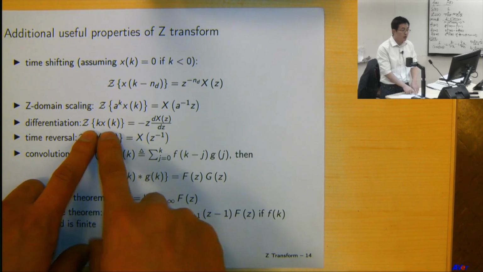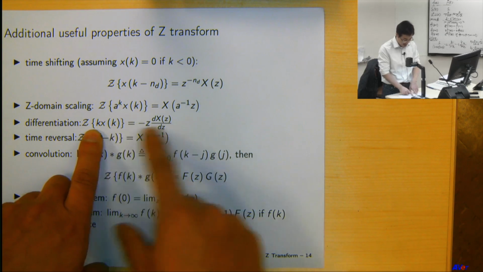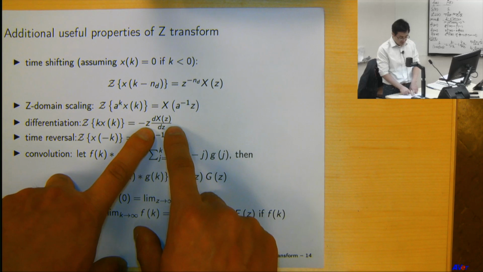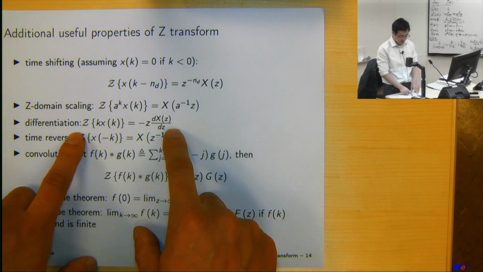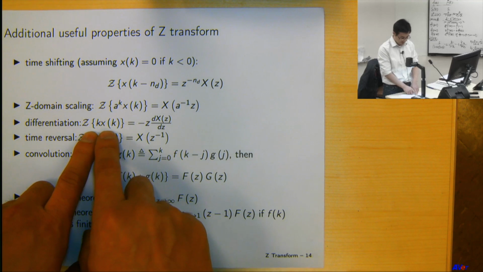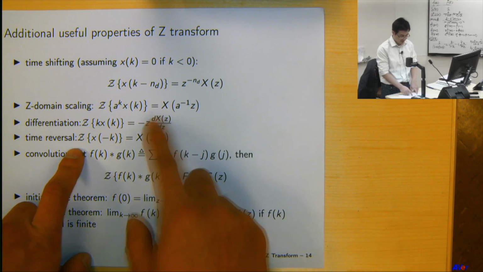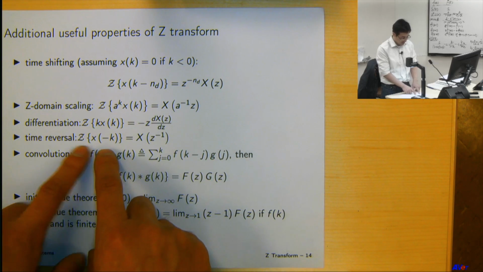Recall, t times f(t) in the Laplace domain is a differentiation in the s domain. Same thing: it is a differentiation in the z domain if you scale the sequence by time. There is a z here, just coming out of the derivation naturally.